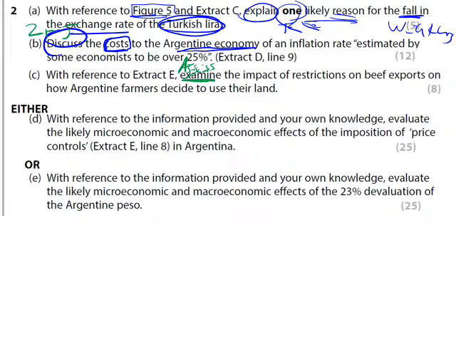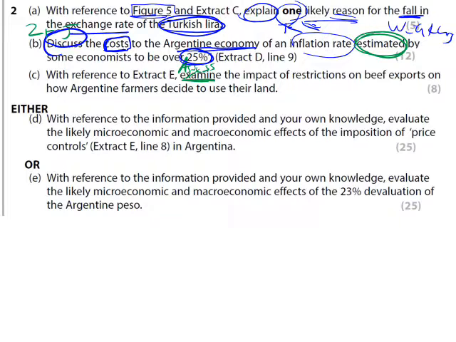So that's the focus of the question, of an inflation rate estimated by some economists to be over 25%. Now the fact that it says estimated there, that gives us a nice potential judgment around the accuracy of the estimate.